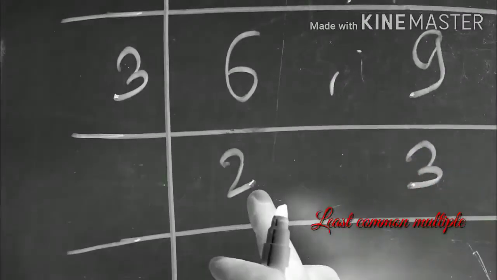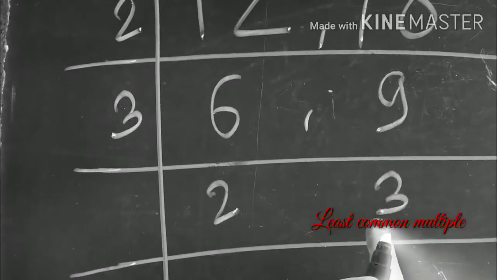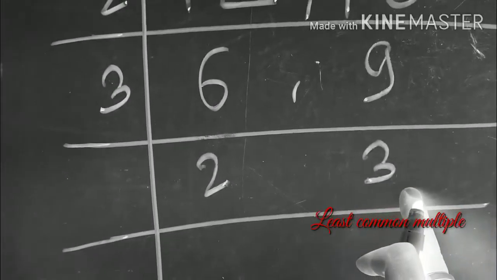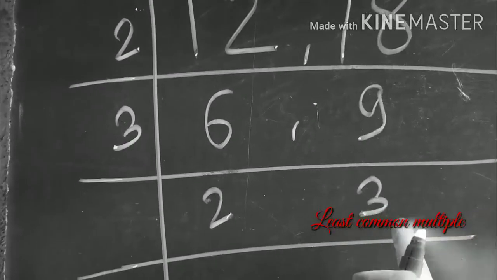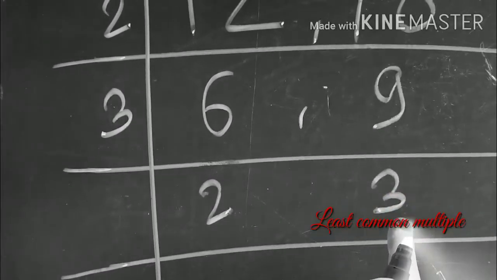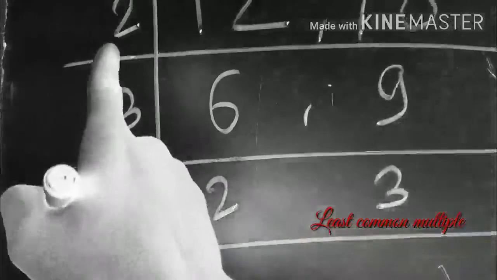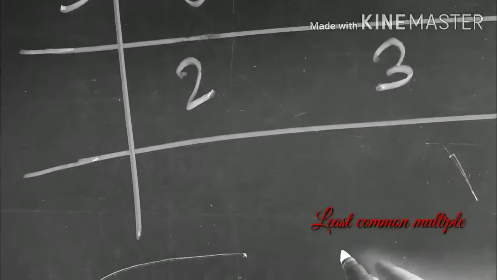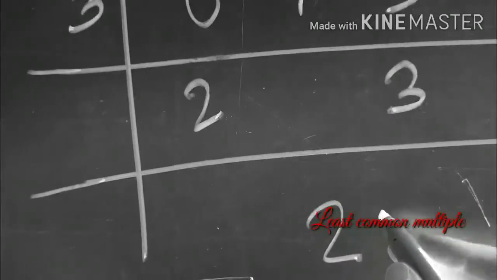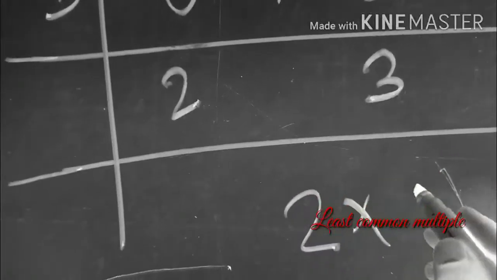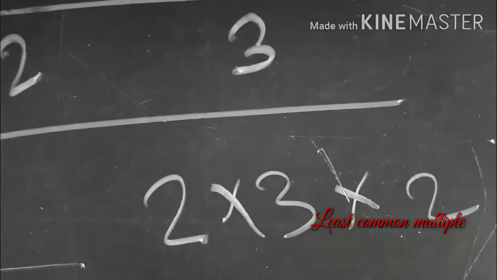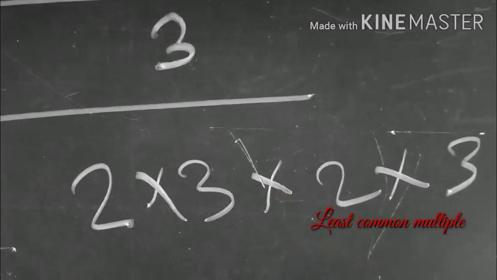And in the next terms we have 2 and 3. 2 is not common here, and 3 is not common here either. Not common for this term and not for this term. So we have to put the remaining terms, 2 and 3, as multiples.